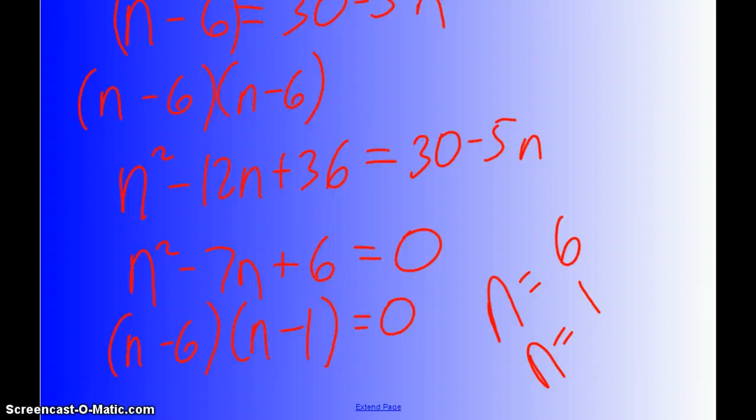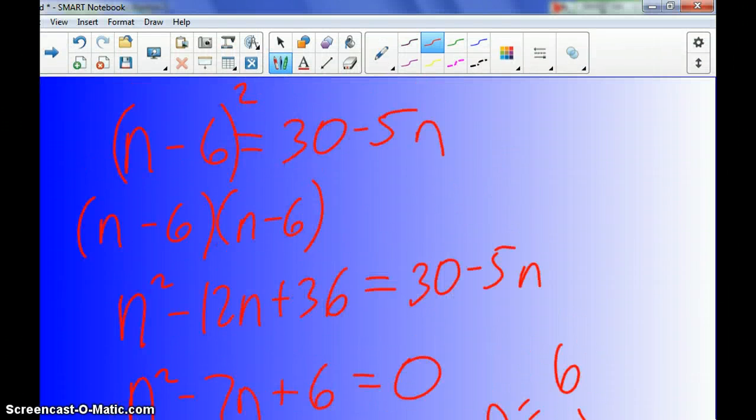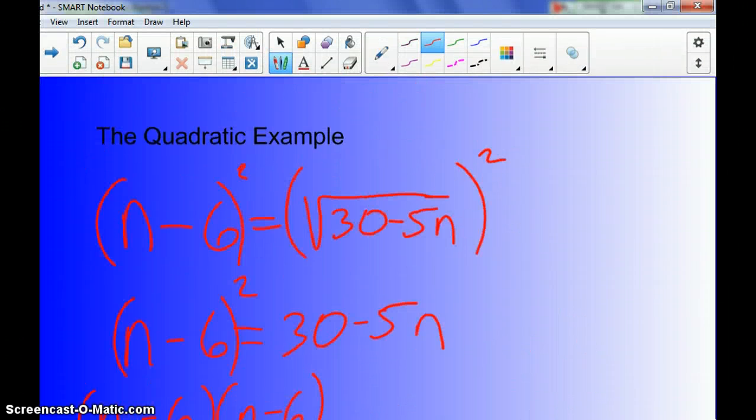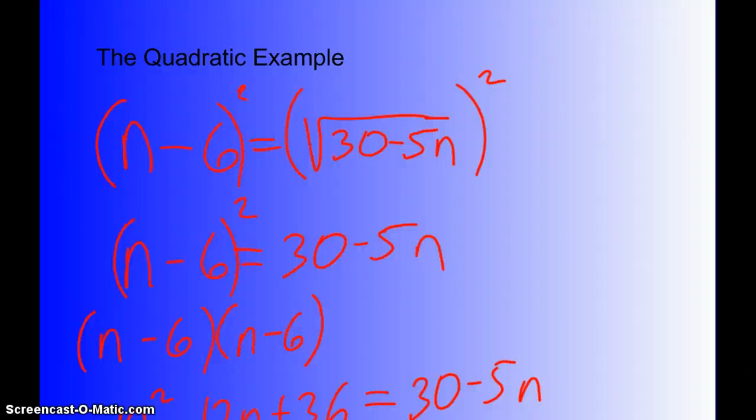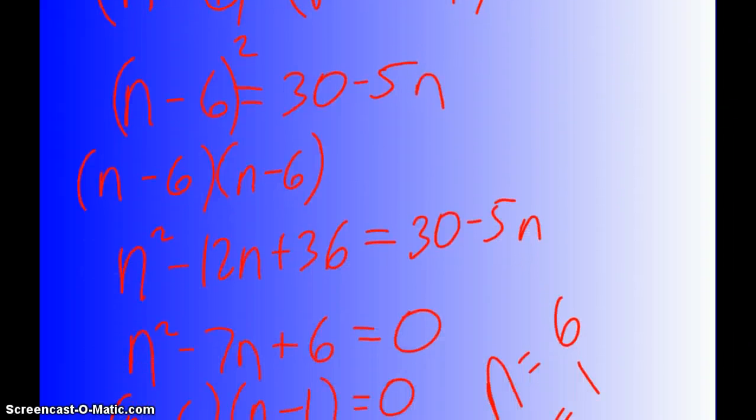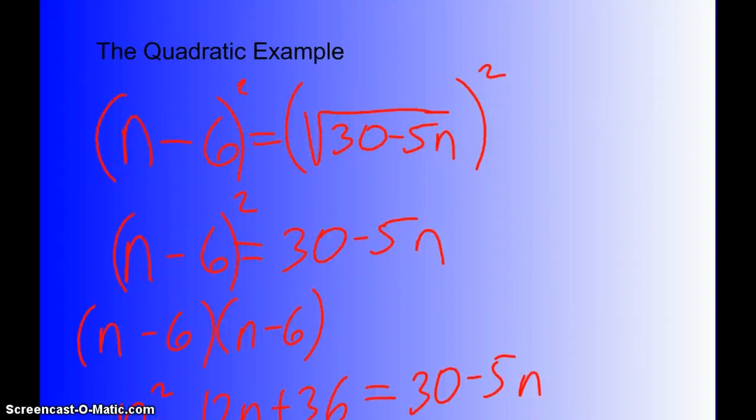As always, we need to check for extraneous solutions. We go all the way back up to the original, and we want to check our solutions. Our solutions were 1 and 6. If you plug 1 in here, 30 minus 5 times 1 is going to get 25.